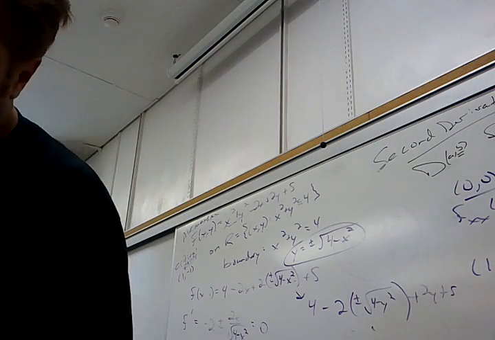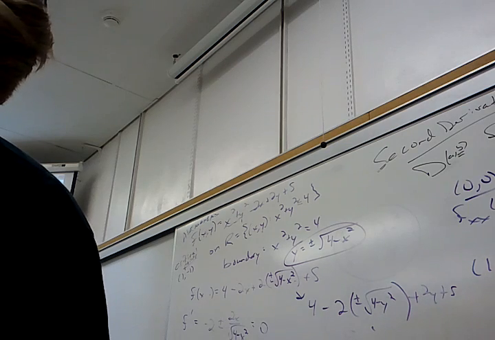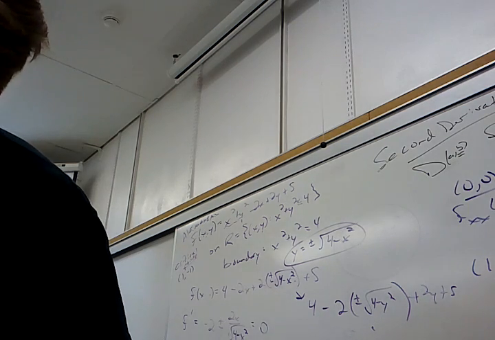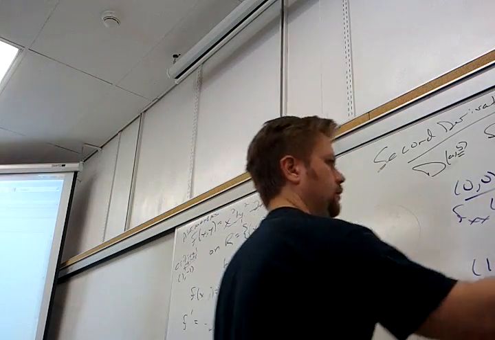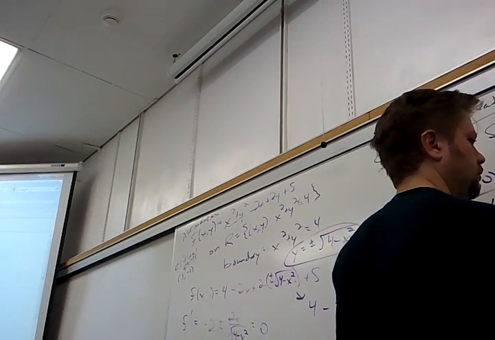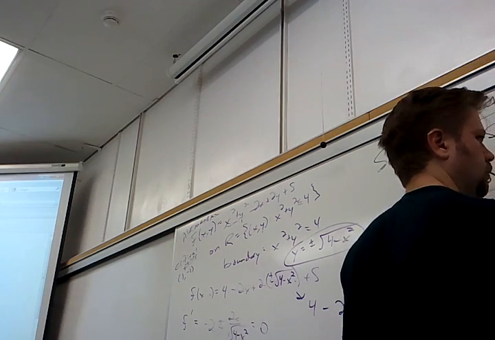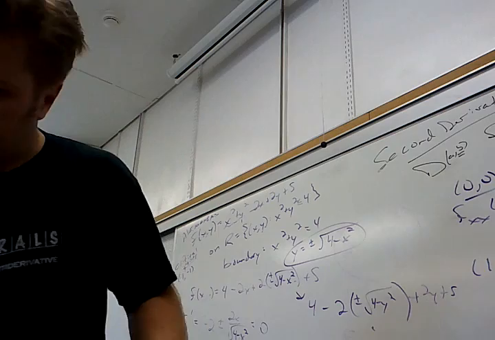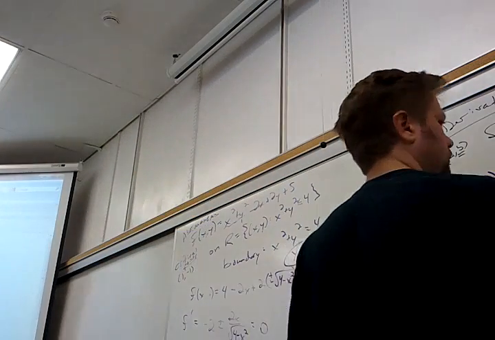So let's see. So here, if I find a line that's 2 minus 0... Yeah, 0, 0 to 2, 0. So you got 0, 0, 2, 0. And what was the other one? 0, 2. Okay.